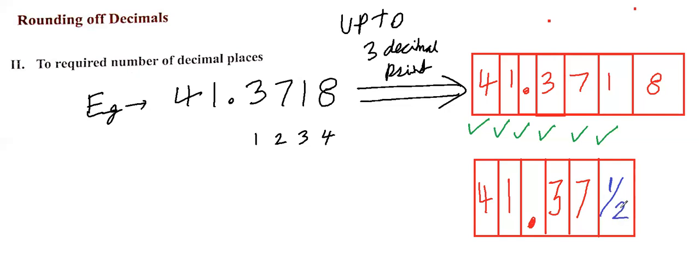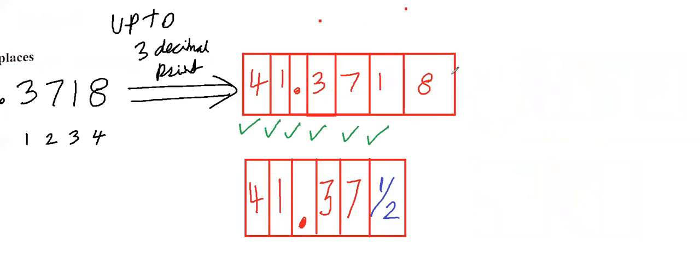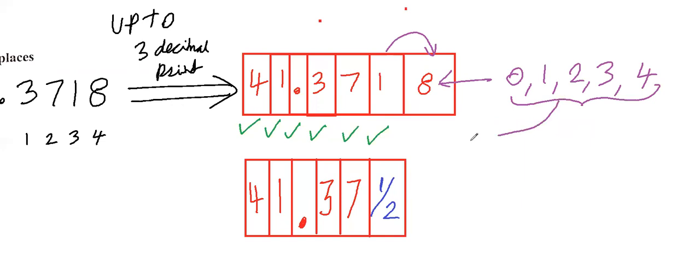Who decides whether it will be 1 or 2? It is decided by this 8, the next number. If within this box the number is 0, 1, 2, 3 or 4, then 1 should come here.